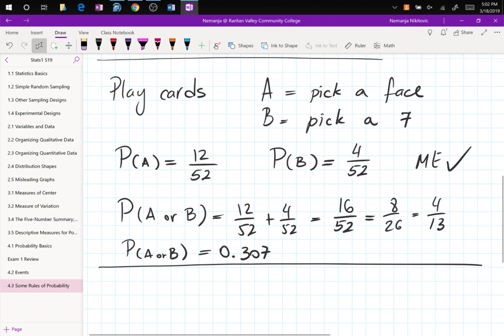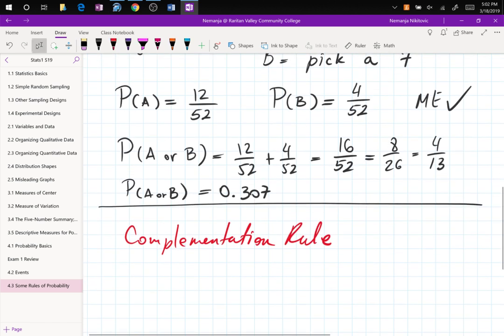And then we have the complementation rule. The complementation rule simply says that the probability of an event is 1 minus the probability of not the event.